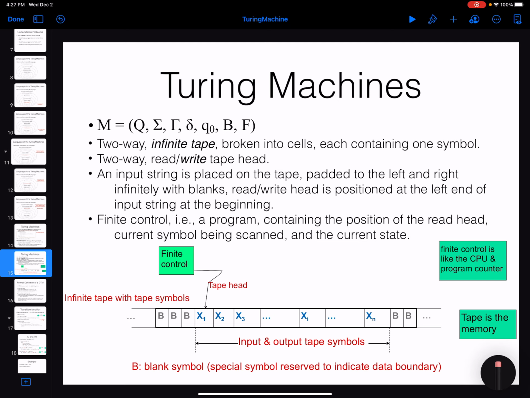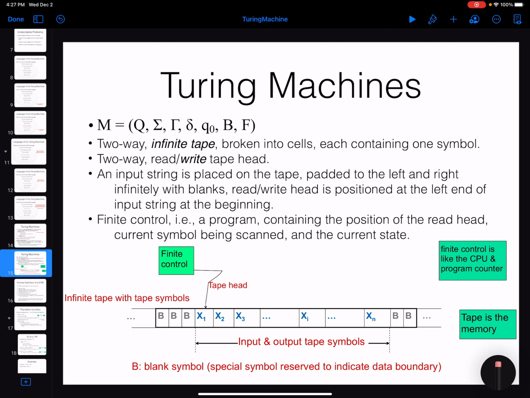A Turing machine is a finite state machine that is empowered by allowing the machine to have access to a tape, which extends on both sides, left and right. It is an infinite length tape. So basically it's telling you that you have access to an infinite amount of memory. But it is not in the form of a stack, because you are allowed to read and write over this tape, and you are allowed to go to the left and right over the tape.